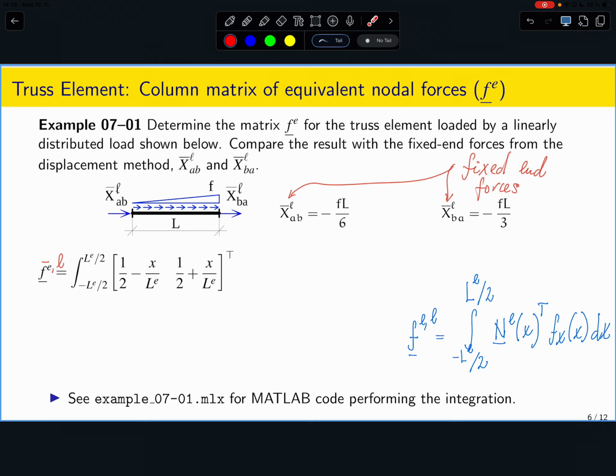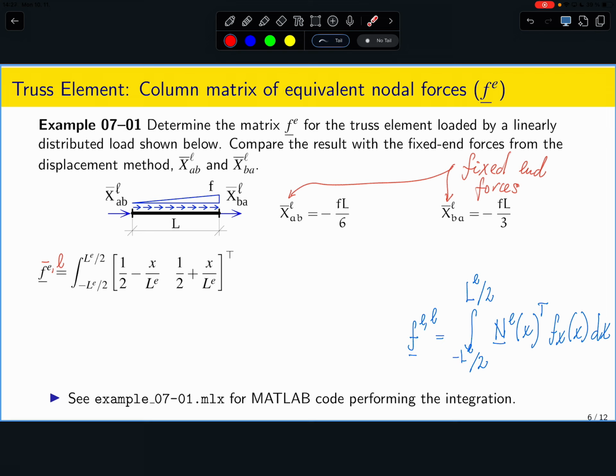Now I need to write down the function which describes this linear increase in the intensity of the distributed load, but I actually know how this is to be done, because the only information which I have is the intensity which is known at the right part of that cross section, and it has this intensity which is written here as F. This was the function which took care of what is happening at the right part of my interval.